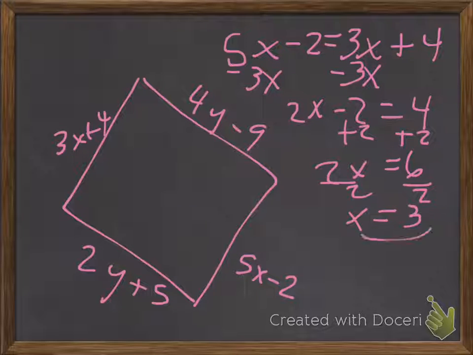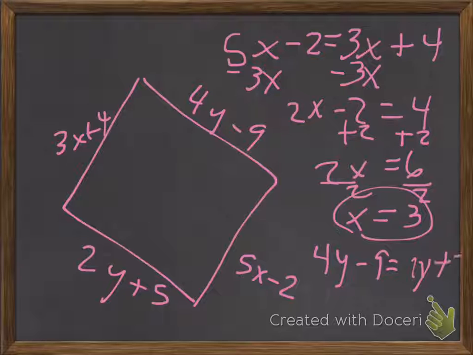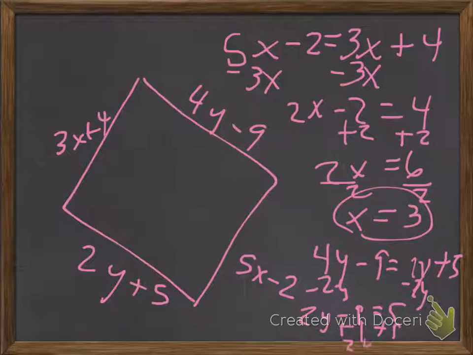So x is 3, and then y would be the same thing. 4y minus 9 equals 2y plus 5. Solve for y. Y equals 7.